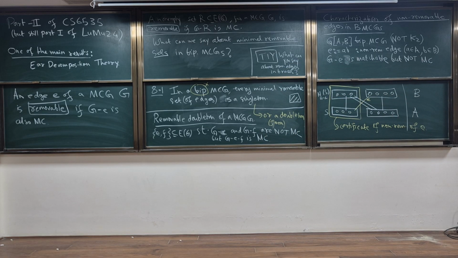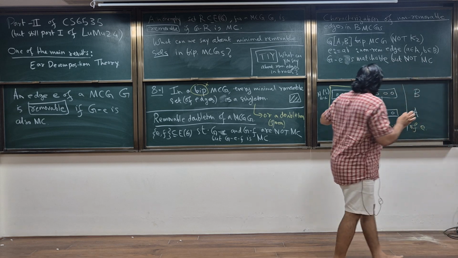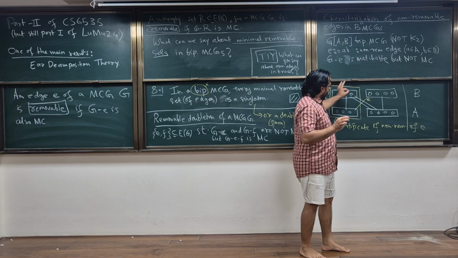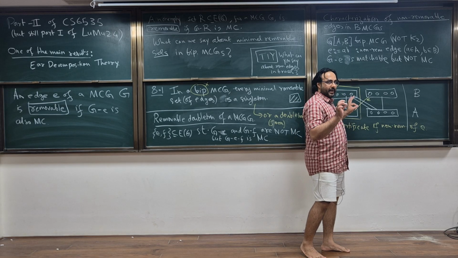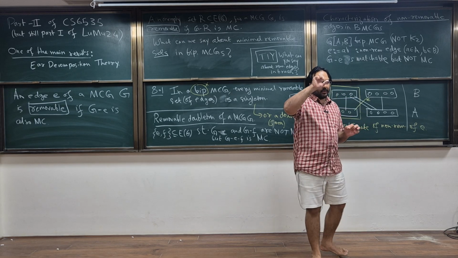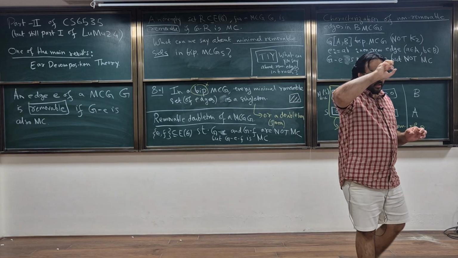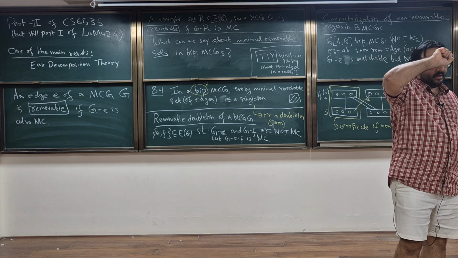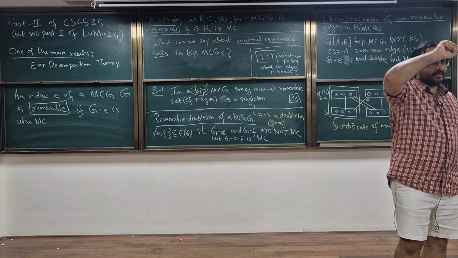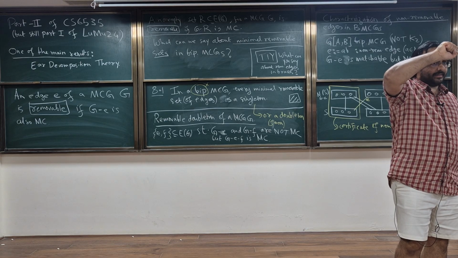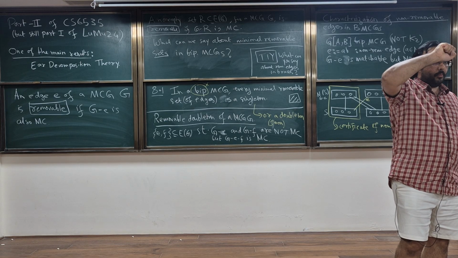Okay, so we'll continue next time about bipartite matching covered graphs. There's a very nice result that is coming up. Instead of certifying just one non-removable edge, there is a result by Lovász and Vempala where you certify a bunch of edges incident at a vertex to be non-removable at the same time.